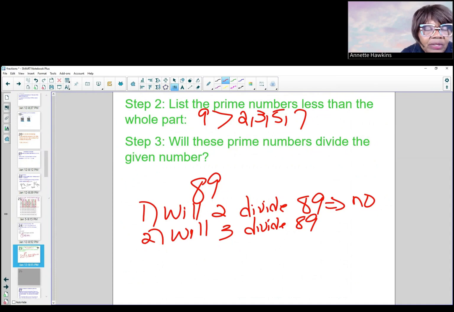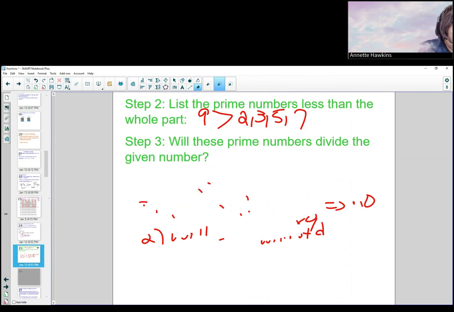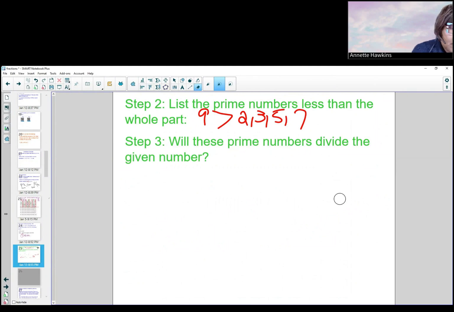The digits add to 17. 3 would not divide 17. Well, let's do this in a better way. Okay, let's do it like that.